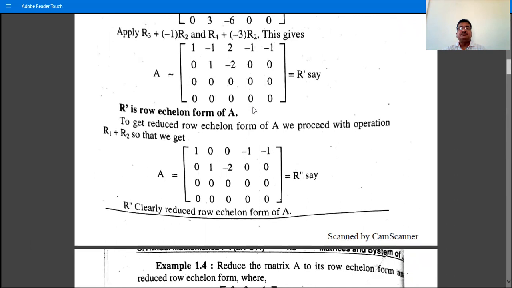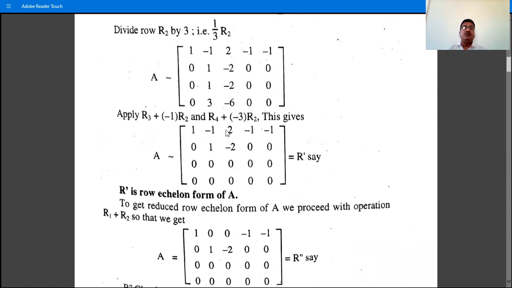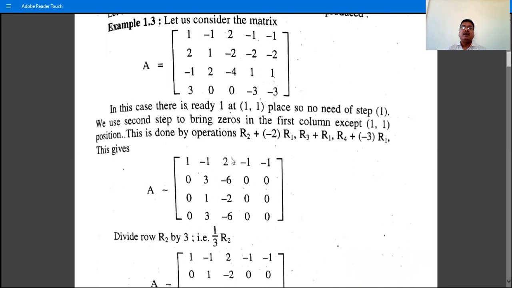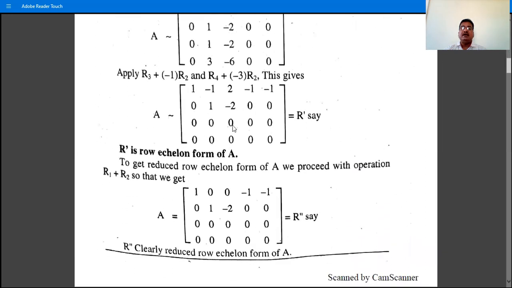If all the entries in a row are zero, then we say it is a zero row. If there is at least one non-zero element in a row, then we say it is a non-zero row. So the first row is a non-zero row, the second is a non-zero row. So there are two non-zero rows in the row echelon form of the matrix A, and therefore the rank of the matrix A is 2.